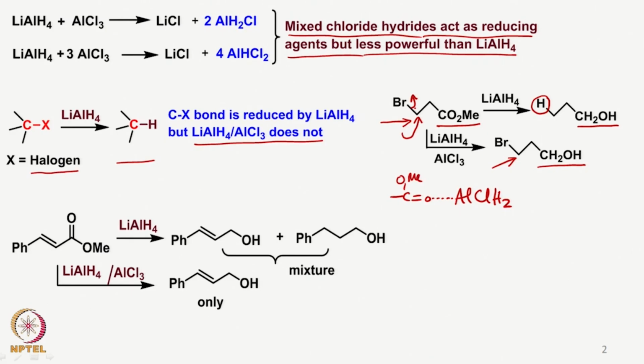Now it is also seen that if we have an alpha beta unsaturated ester something like this, and we reduce it with lithium aluminum hydride, we get a mixture of allylic alcohol and the saturated alcohol.